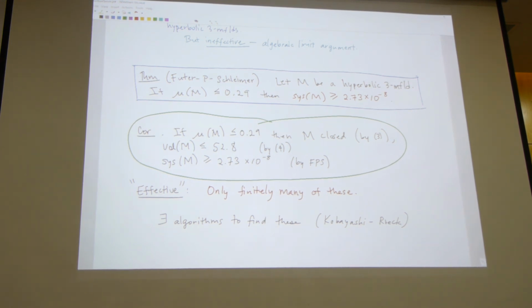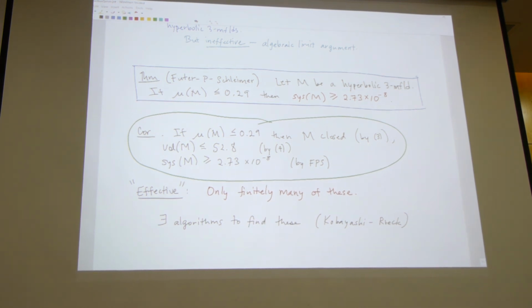But this 2.73 times 10 to the negative 8, those are pretty high slope lengths that are giving you Dehn fillings. How big is the tower of exponentials? I don't know. But you can list links that are possible parents with that bound in the volume.